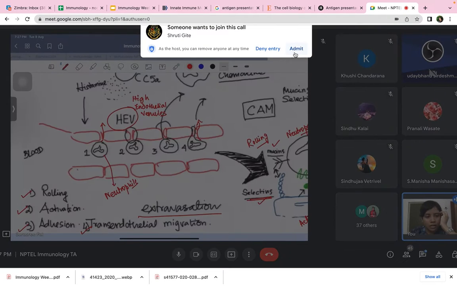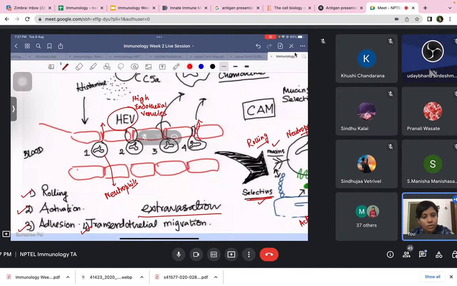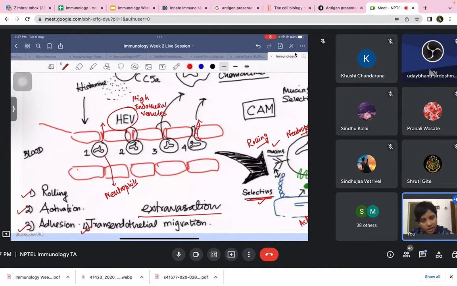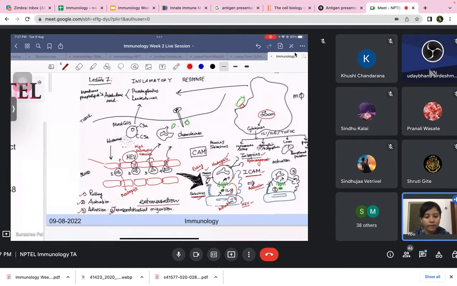So it is going outside of the vasculature. So this is extravasation. Events of endothelial transmigration and the process of extravasation are the same. Exactly. Endothelial transmigration and extravasation are just two different terms to talk about the same event that is occurring here. All right.